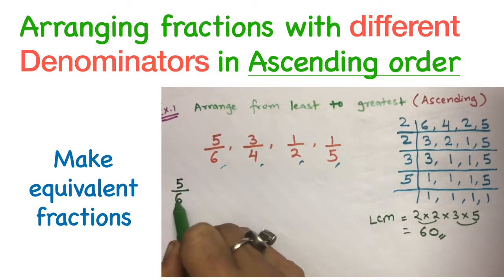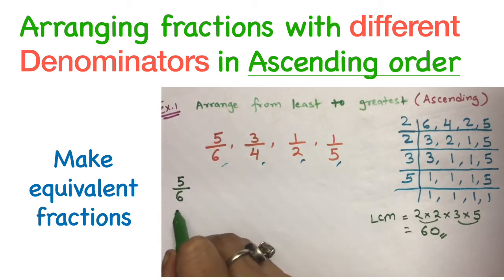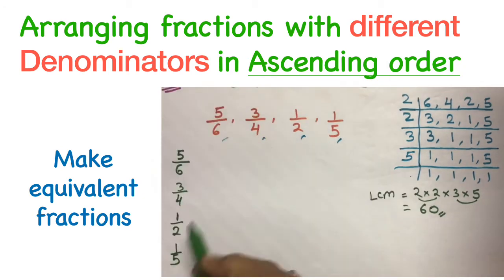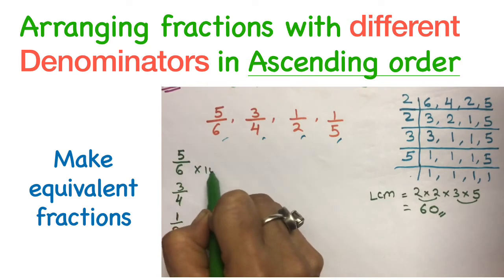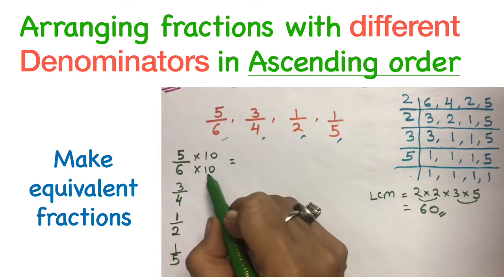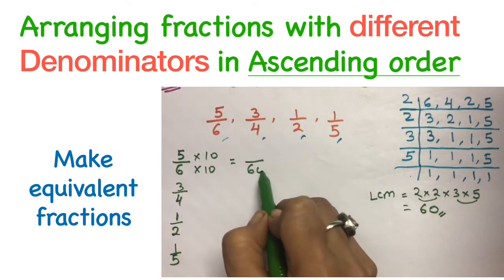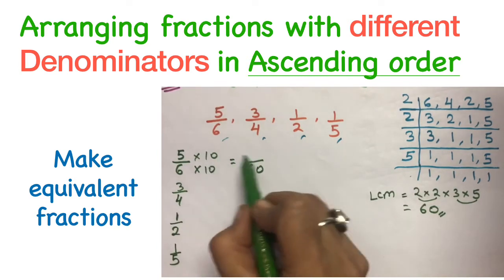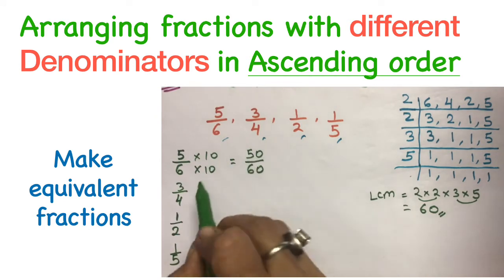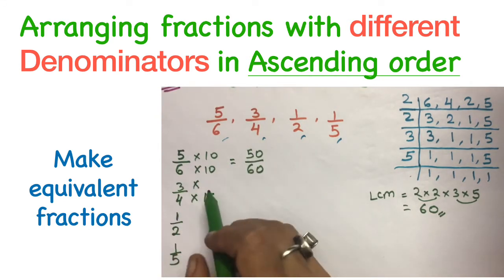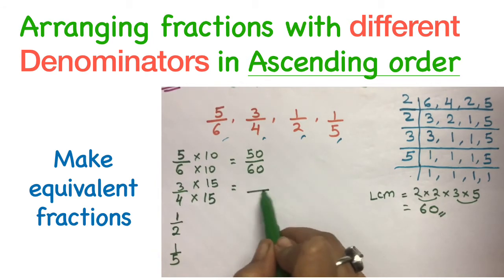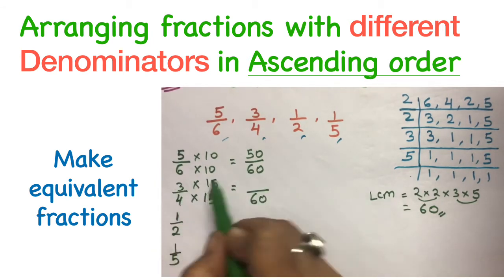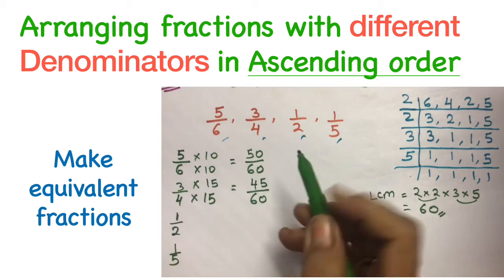First I will rewrite these fractions like this. Now to make it 60, I have to multiply by 10 the numerator and denominator. This becomes 6 10s are 60 and 5 10s are 50. Here to make it 60, we have to multiply by 15. This gives 60 here and this is 45.